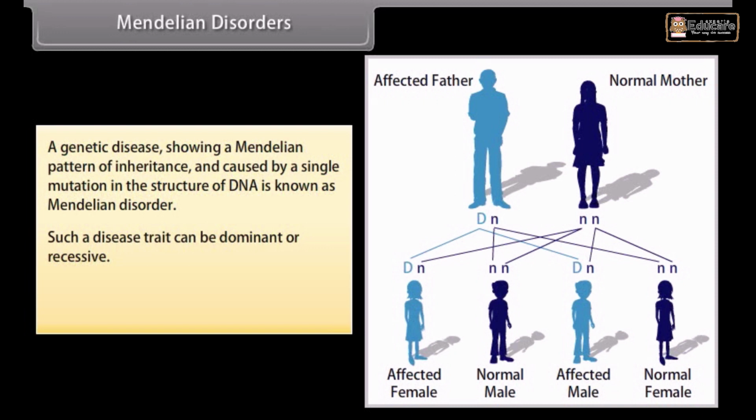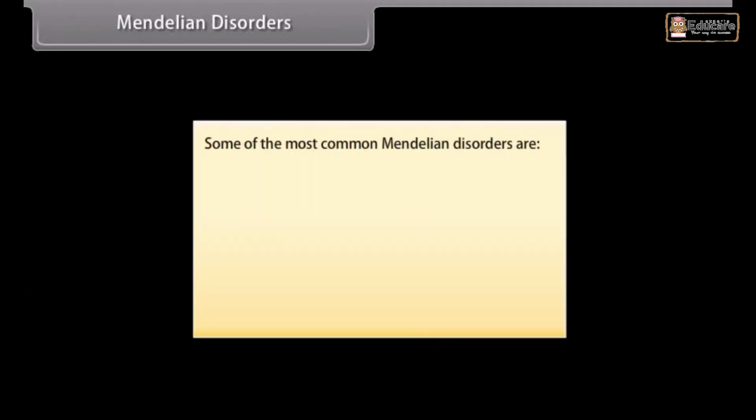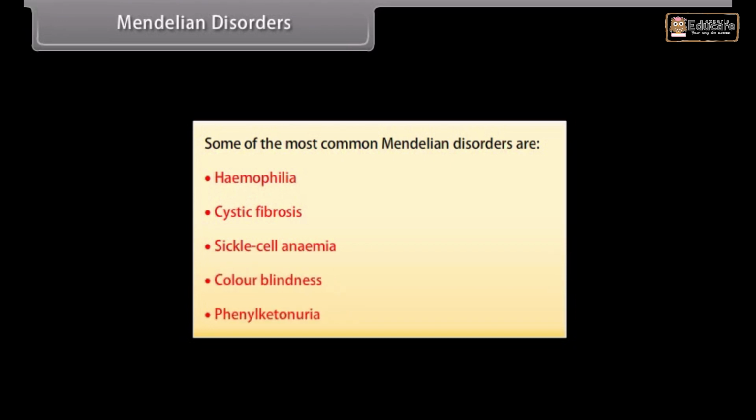Such a disease trait can be dominant or recessive. Pedigree analysis can be used to determine the transmission of such traits. Some of the most common Mendelian disorders are hemophilia, cystic fibrosis, sickle cell anemia, color blindness, phenylketonuria.